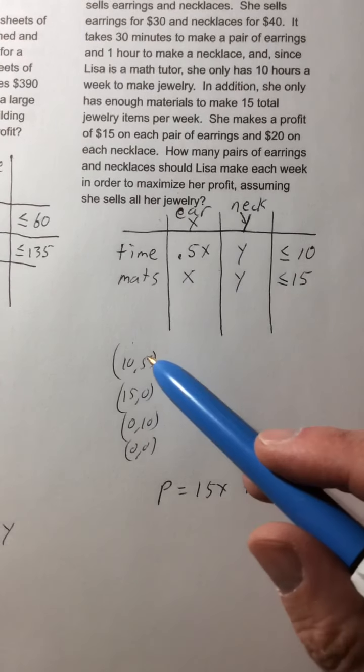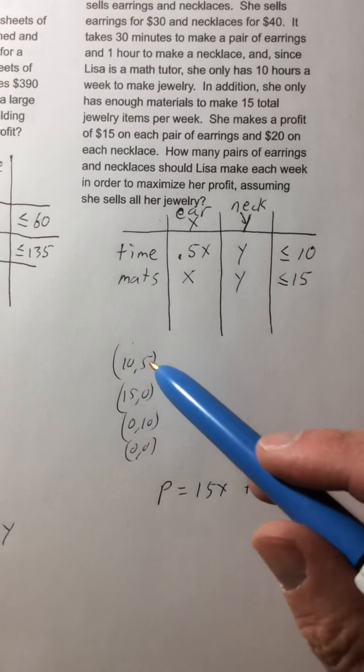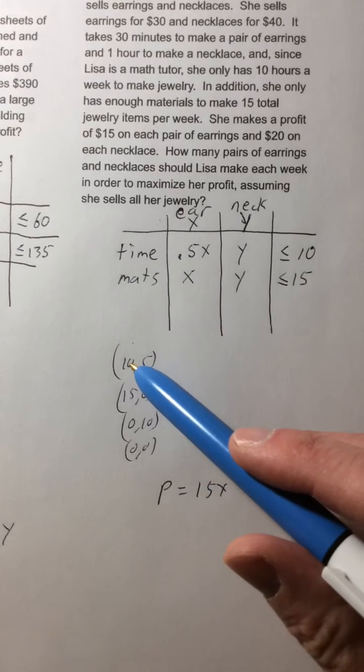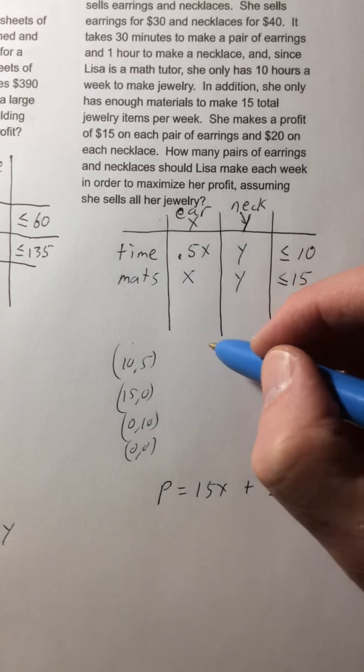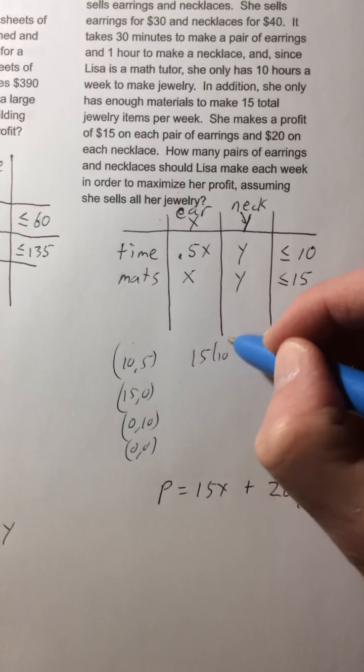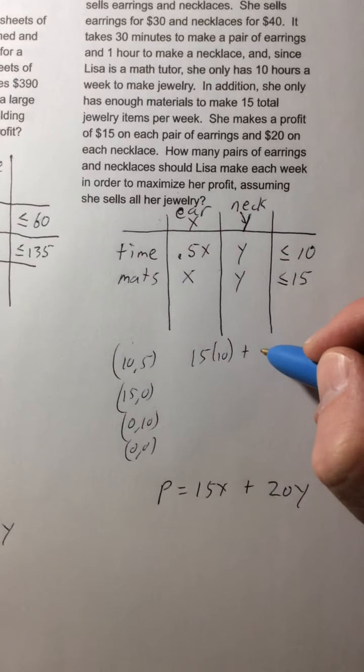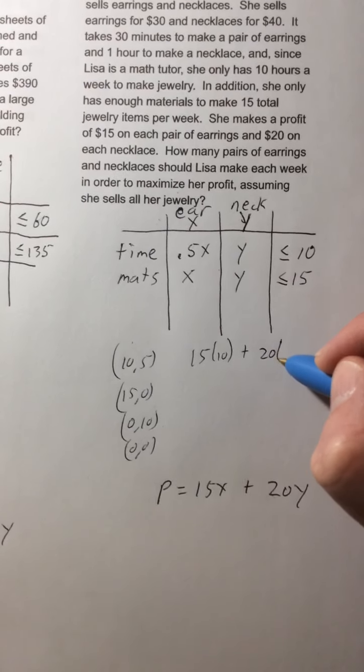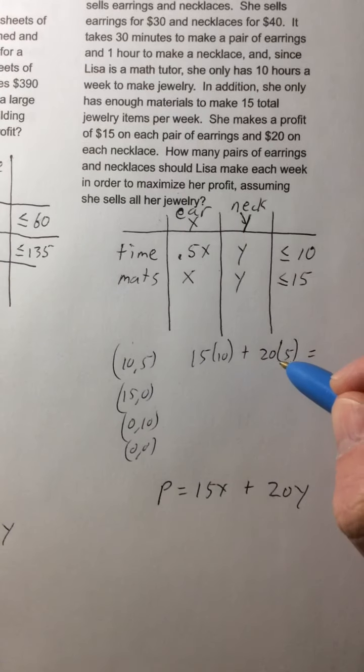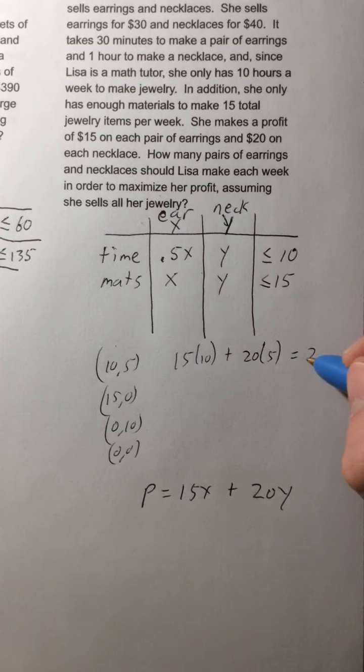In fact, I could probably do these. So 10 into here: 15 times 10 plus 20 times 5. So that's 100, and 150 is 250.